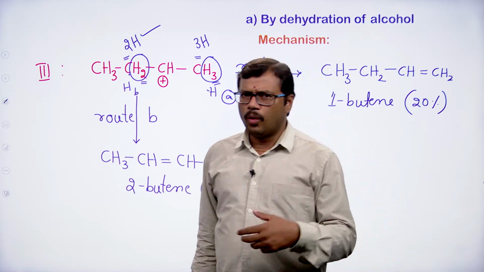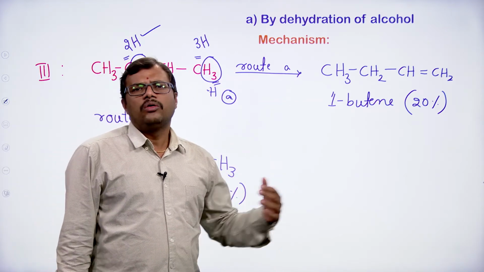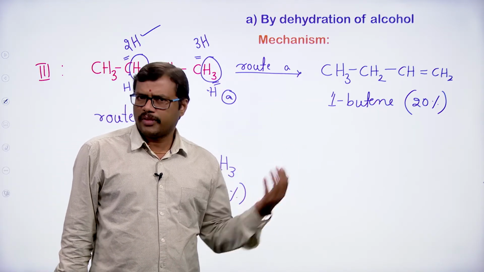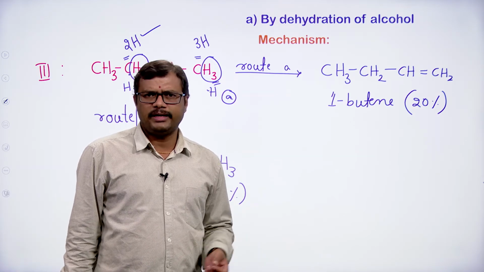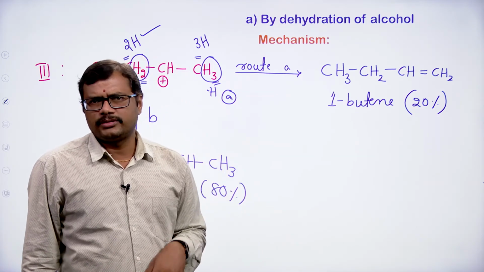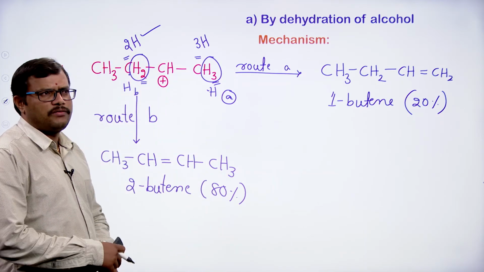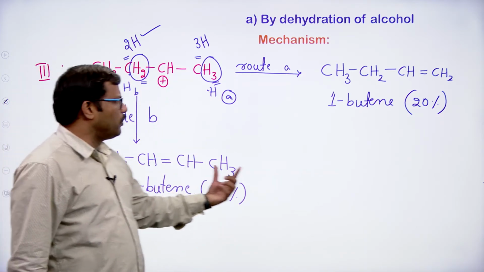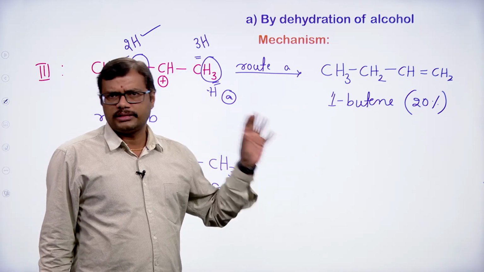It will give the more substituted alkene. The more substituted the alkene, the more its stability. We have discussed the stability of alkenes after isomerism, right? If you recall, the more hyperconjugative structures, the more the stability. So more stability is possible in the case of 2-butene. Therefore 2-butene is going to be the major product in this case.